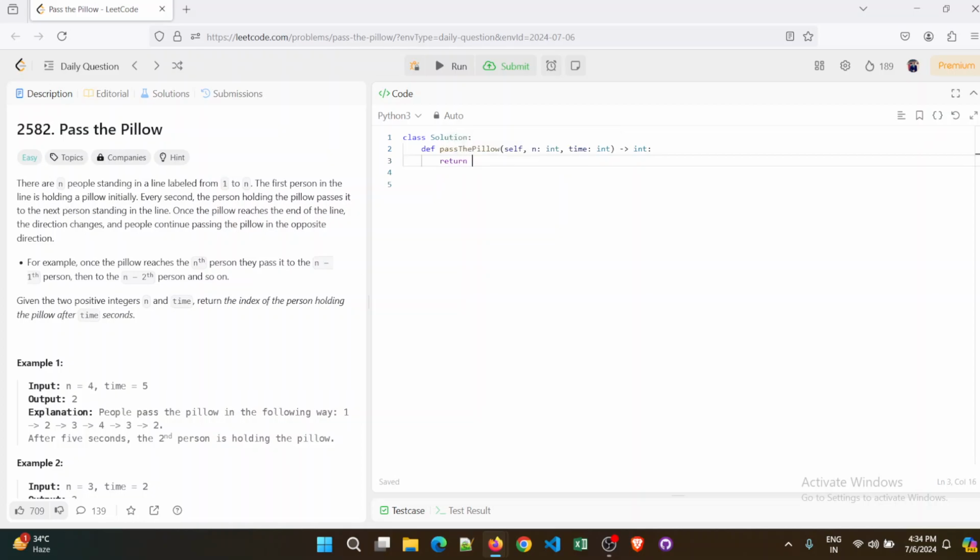Here we have written: return 1 plus x if x is less than n, else n plus 1 minus x, where x equals time modulo n, and n equals 2 into n minus 2.